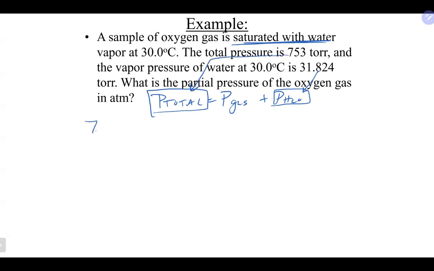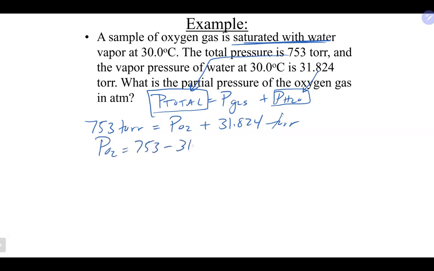That means 753 torr would equal the partial pressure of oxygen plus 31.824 torr. That means the pressure of oxygen would be 753 minus 31.824 torr.